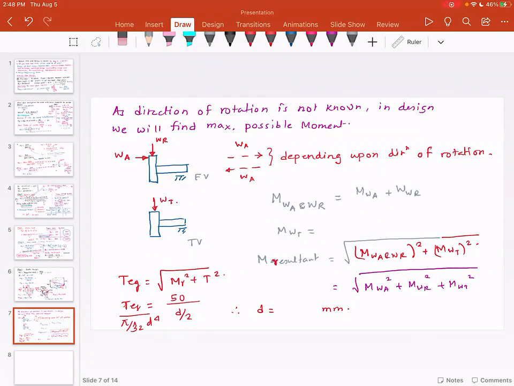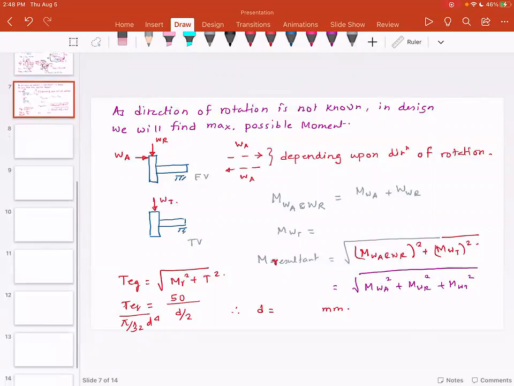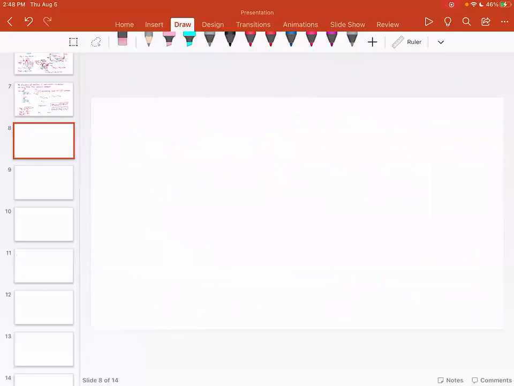So bevel gears are different in terms of the axis of the shaft. So if you think about the bevel gears, bevel gears can transmit power at an angle.